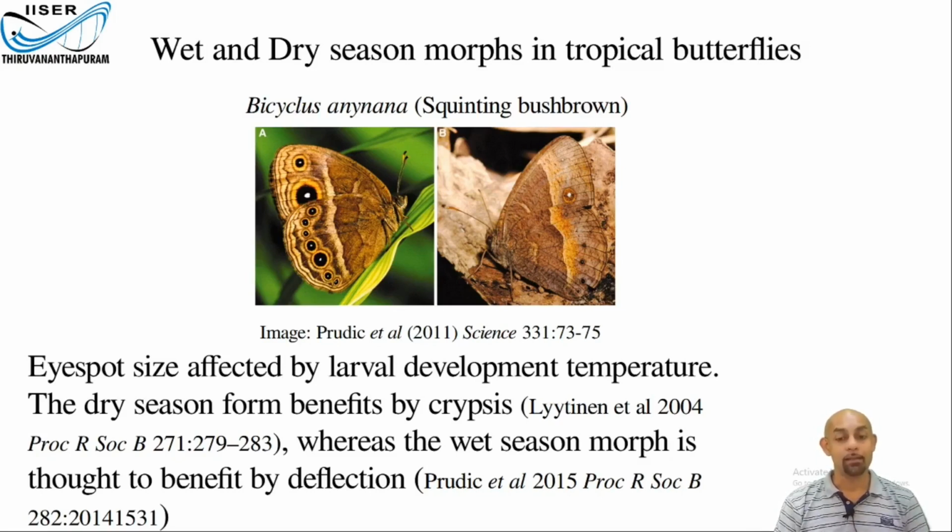And on a lab population established from founders from Malawi, experiments have shown that if they are grown at high temperatures, they develop into the wet season morph. If they are grown at low temperatures, they develop into this morph.